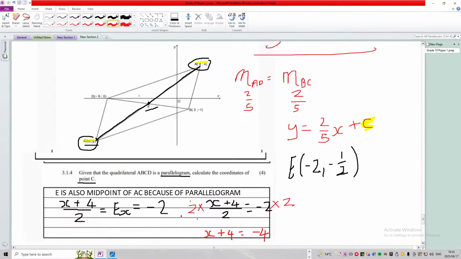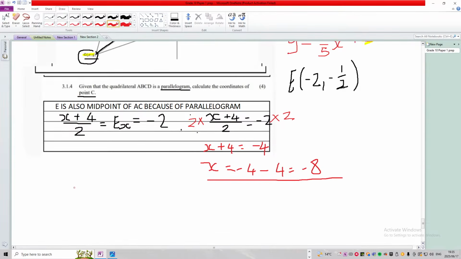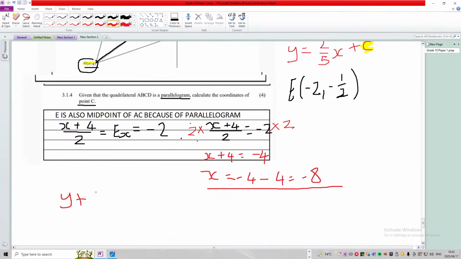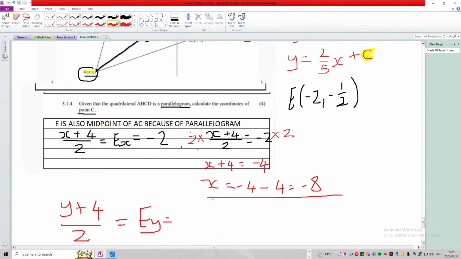It's fun. Okay, let's find the y coordinate. For the y coordinates, we can use the same law. It's y plus 4, also divided by 2, is equal to the y of the midpoint, which is negative half.